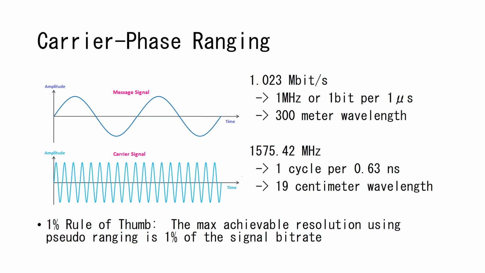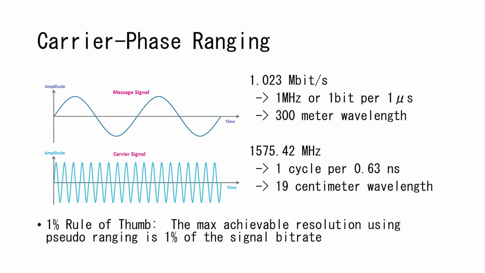Using the carrier signal, with its 19 centimeter wavelength at a much higher frequency, we can have a max achievable resolution of around 2 millimeters, which is a tremendously different amount of resolution.